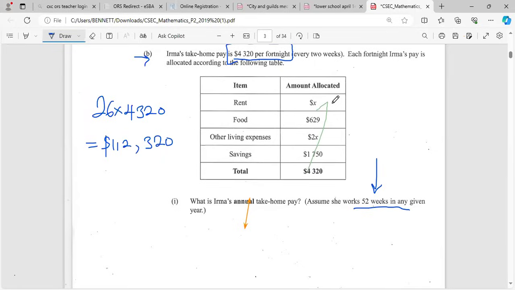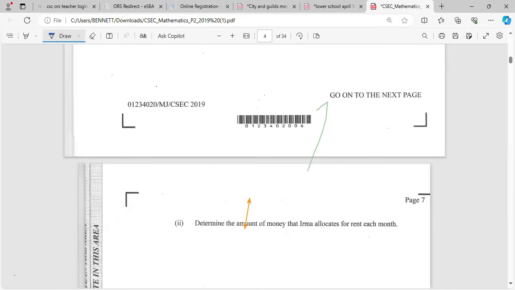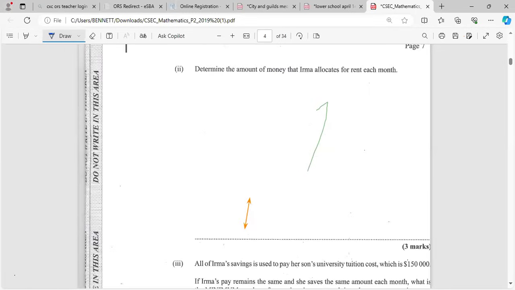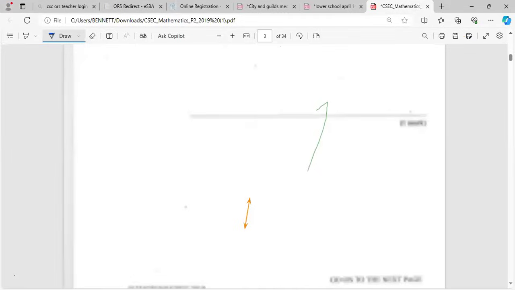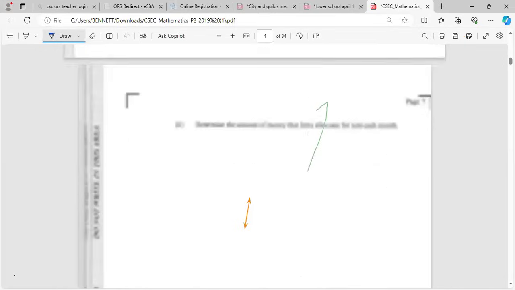Correct. Let's see how many marks. I think this is 2 marks. Let me just scroll down and see how many. Oh, it's 3 marks. It's actually 3 marks. See, got generous with that one. Normally that would be 2. I think it's difficult to get.